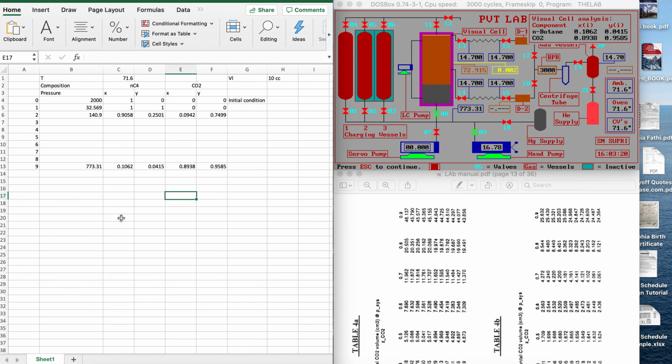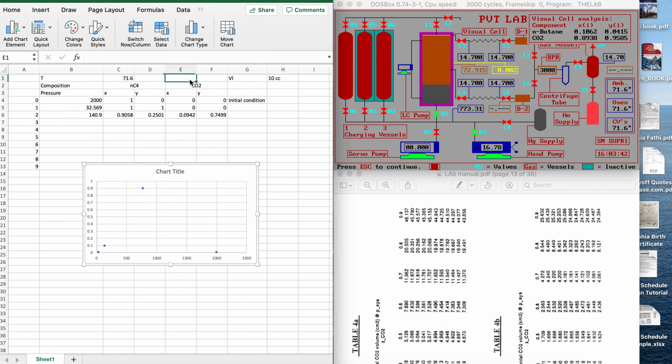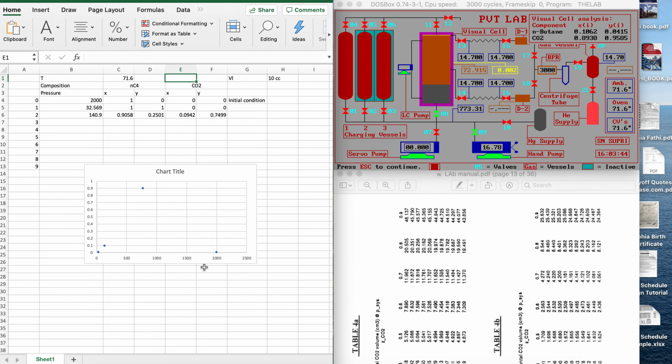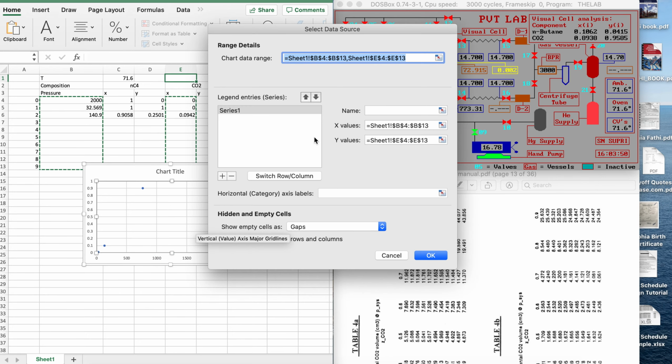Now, what we are going to plot is the pressure versus the CO2 composition. Okay, let's select the data. So this is going to be my bubble point line.